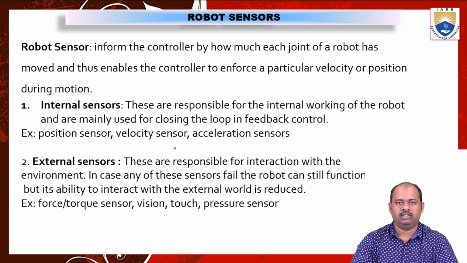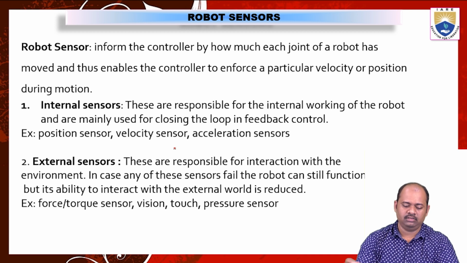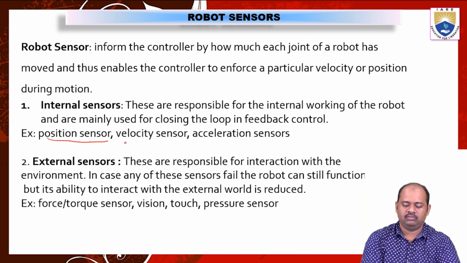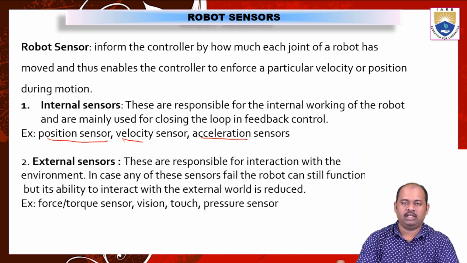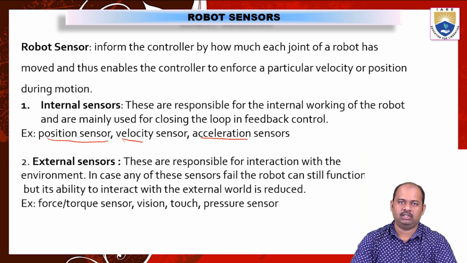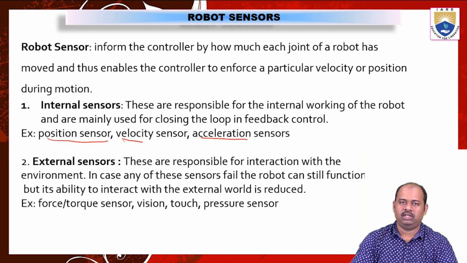The examples for internal sensors are position, velocity, acceleration, etc. These are the parameters that are directly related to the links of the robot, and that information can be studied with the help of these sensors.